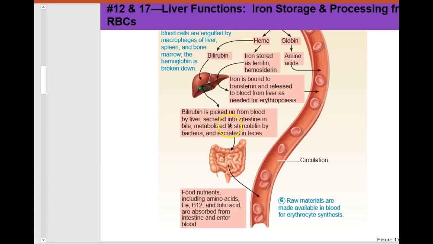It can also be excreted through urine in a molecule called urobilinogen, which accounts for some of the yellowy color of urine. Or some bilirubin becomes part of bile.